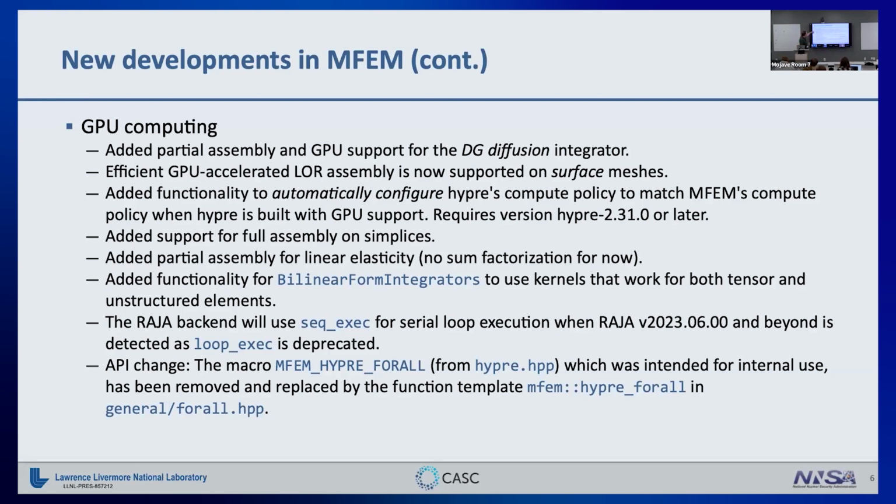This is something that's related to this version of Hypre. Since version 2.31, Hypre allows you to build with GPU support and then select whether you run on GPU or CPU at runtime. Before this was possible, it was running either on the device or on the CPU, and you selected that at build time.